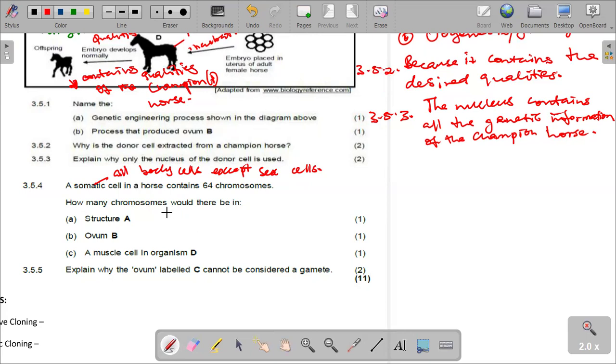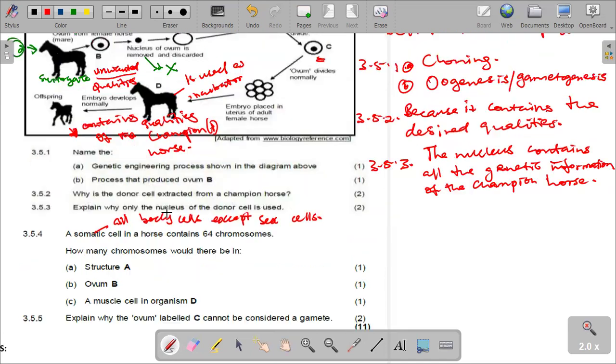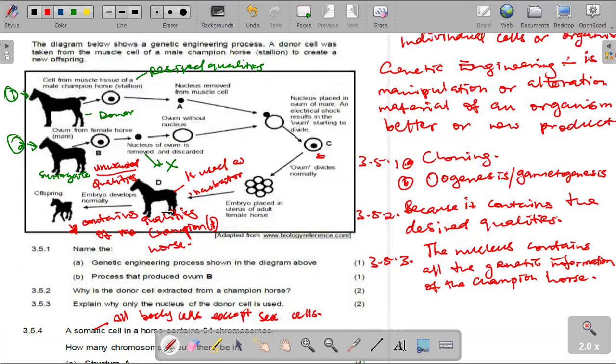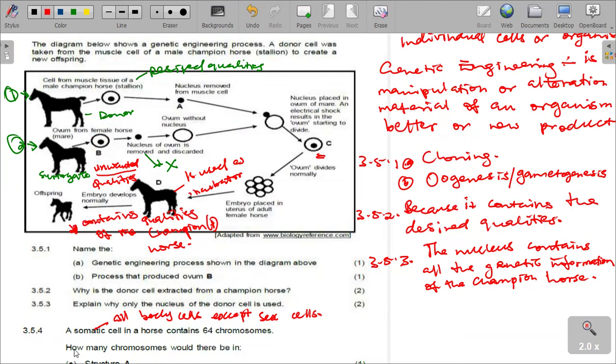And then how many chromosomes would therefore be in structure A? Structure A, how many chromosomes would be there? As you can see, this is a cell from the muscle tissue of a male champion horse. So we are saying it is a somatic cell.